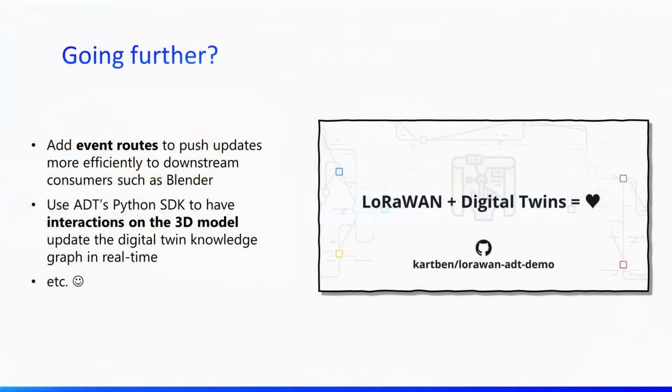Something else as a next step would very likely be to not only make the polling smarter and get rid of the polling altogether, but also to interact with the 3D model and have it impact the real world, right?